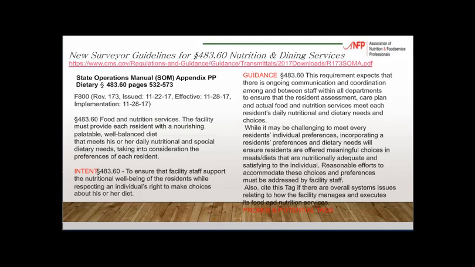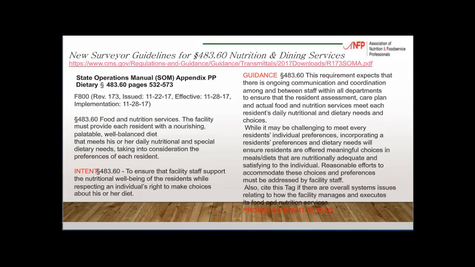So if you were to use this link, that would take you to the PP reference, and it's a PDF document, so you can go in and print that range, 532 to 573. Highly suggest, save a tree, do it double-sided. It will print out the guidance just for food and nutrition services.